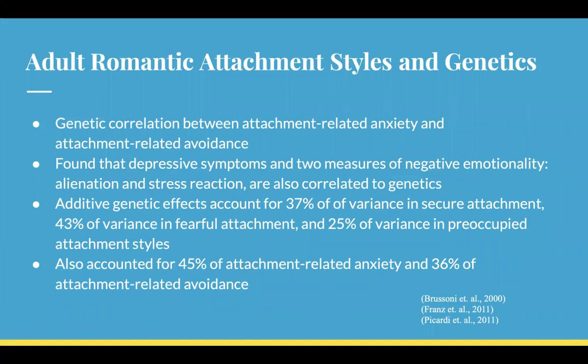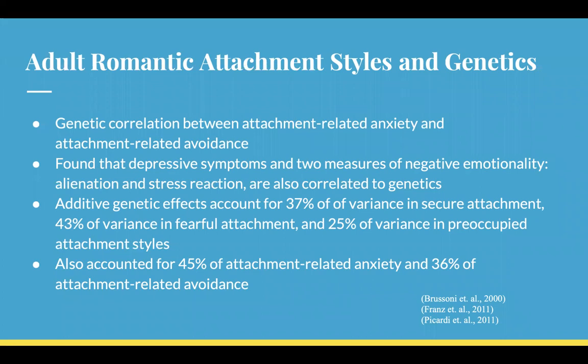It also accounted for 45% of attachment-related anxiety and 36% of attachment-related avoidance. So basically, all of these studies have found that within adult romantic attachment styles in the future, there are also a lot of genetic effects which account for the different types of attachment or the types of traits within those attachments.